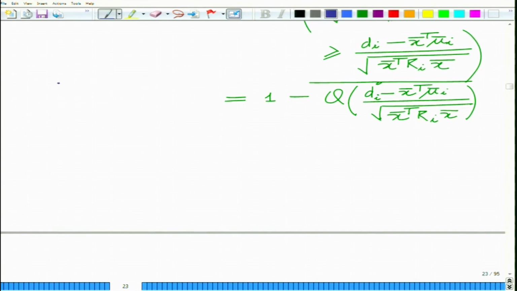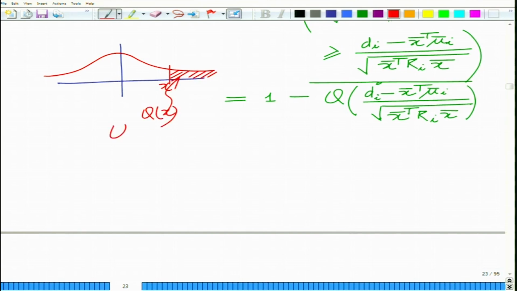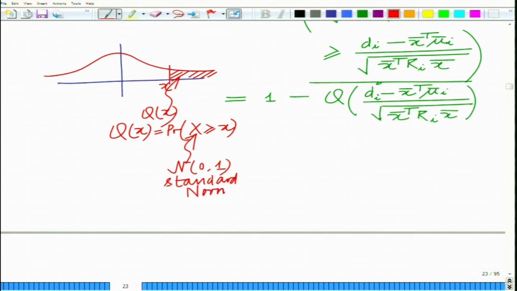If you remember, Q of x equals the probability that X is greater than or equal to x, where X is your standard normal, that is, a Gaussian random variable with mean 0 and variance unity.